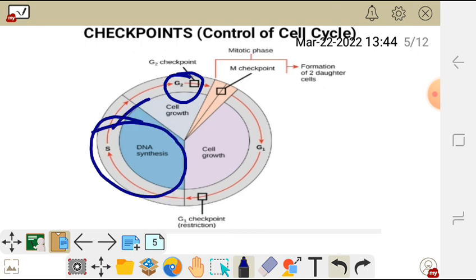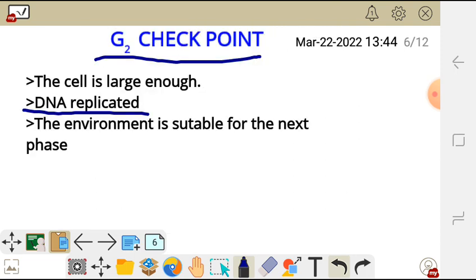So as it proceeds to the G2 phase, it will be checked to see if the DNA has replicated. The G2 checkpoint also checks whether the environment is suitable to proceed to the next phase. So that's what the G2 checkpoint does.